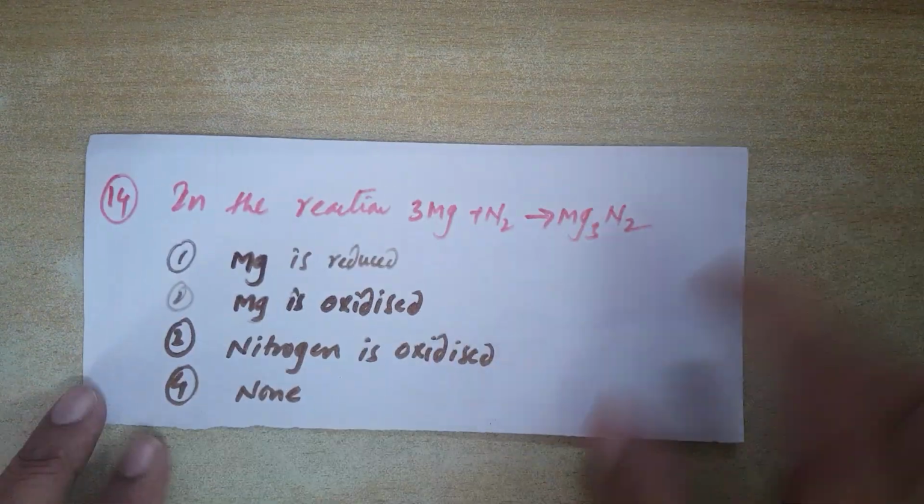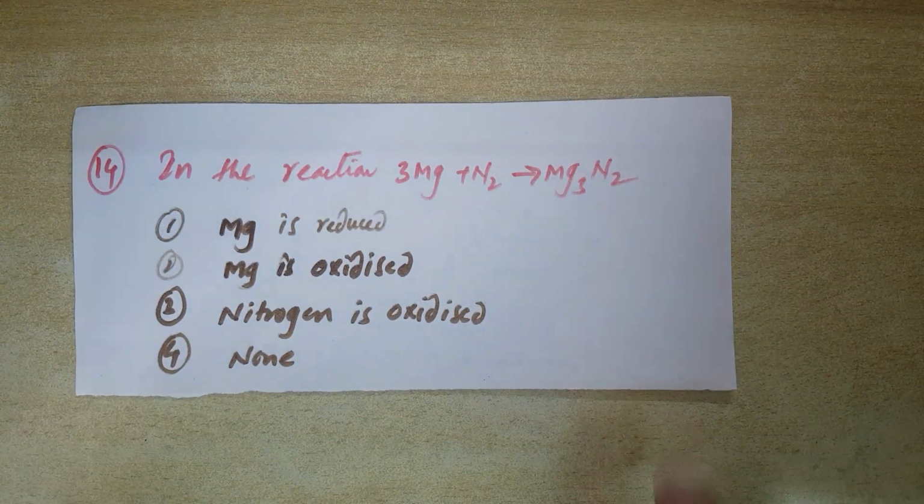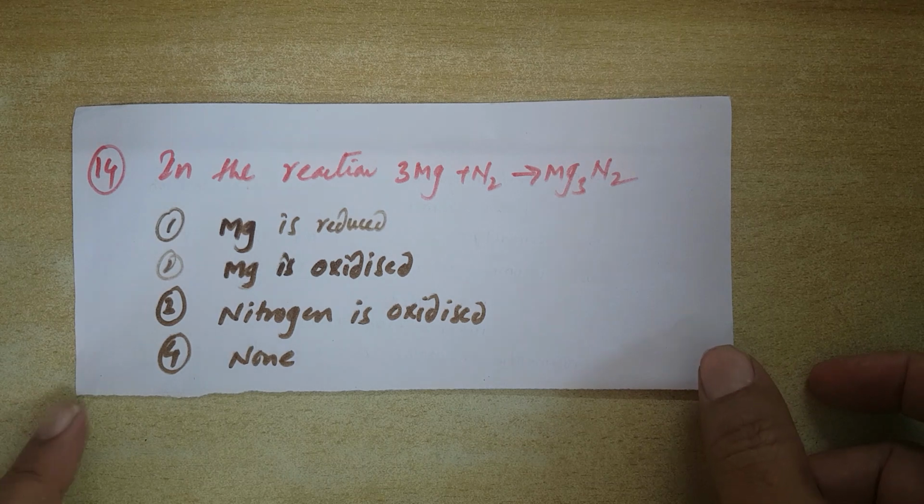Question number 14. In the reaction 3Mg plus N2 gives Mg3N2, magnesium reacts with nitrogen forming magnesium nitride. In this process, is magnesium reduced, magnesium oxidized, nitrogen oxidized, or none of the above? By calculating oxidation numbers, you can find the change in the magnesium oxidation number.